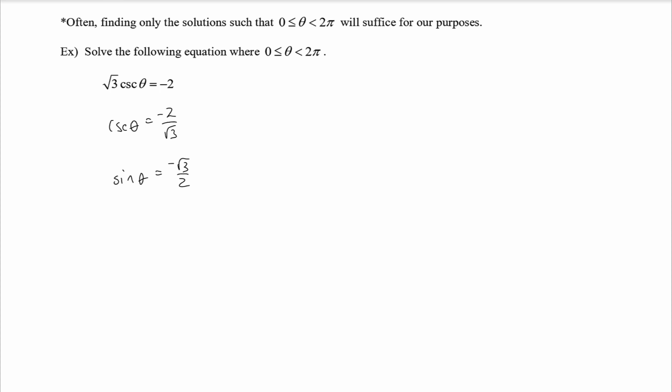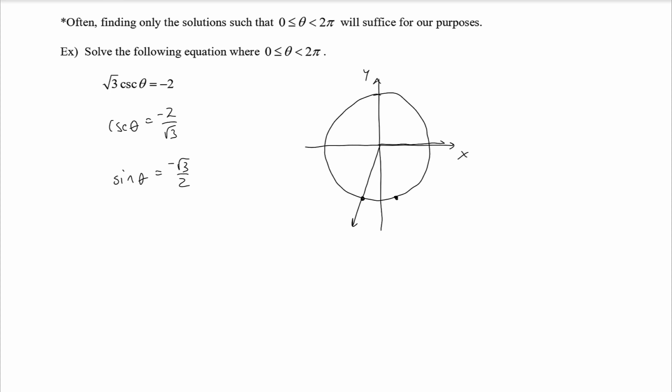So now let's go draw a picture, right? So let's go use our circle. Circle is always handy. And I want sine to be -√3 over 2. So that's going to happen like right down here and over here. So there's two terminal sides where that's going to happen. The first terminal side would be, let's see, that'd be pi over 3, 2 pi over 3, 4 pi over 3.